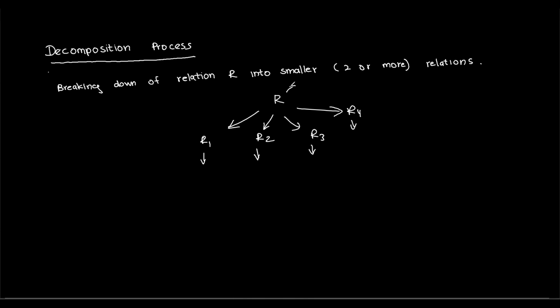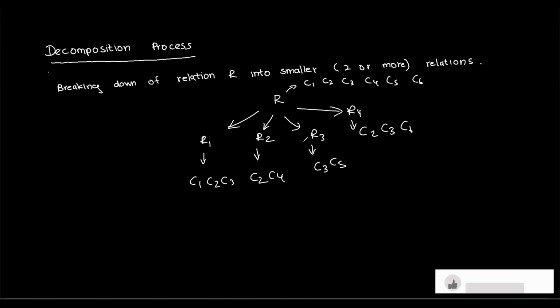If relation R had C1, C2, C3, C4, C5, C6, and relation 1 has C1, C2, C3, another has C2 and C4, another has C3 and C5, and let's say another has C2, C3, C6, this is a proper way of breaking down. Why?